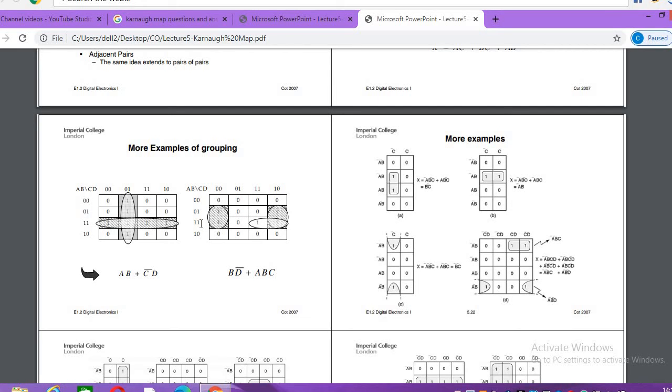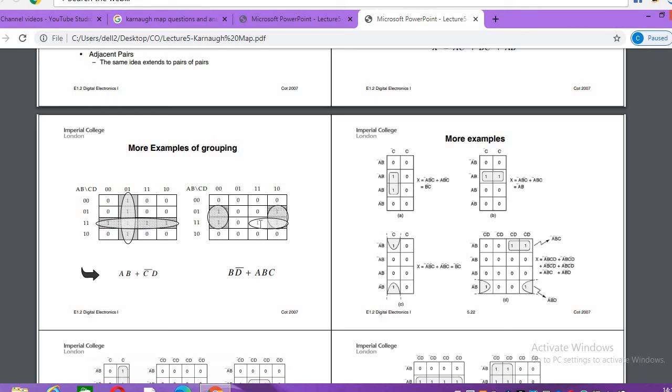If 1, 1 is common, what can I write? 1, 1 means AB. So I can write here AB. And from these 2 columns, 1 is present in both the cases. So 1 means here C. So the expression is A, B, C. So for these 2 ones, the expression is A, B, C.